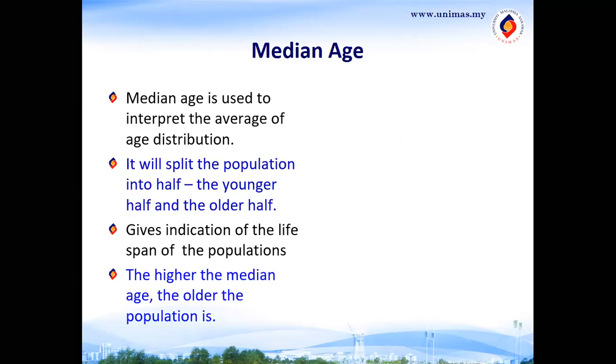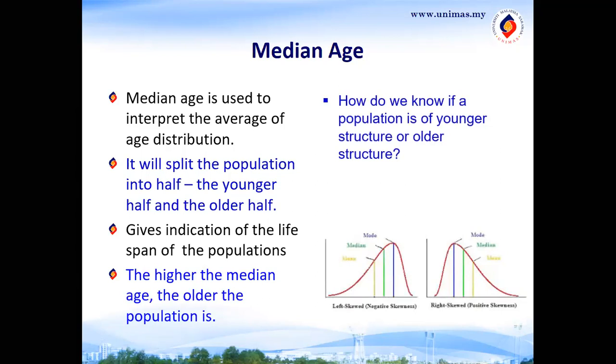Okay. Let me show you with this. Jadi, let's look at the graph down here. This is a contoh distribution of population. Now, kalau mediannya adalah towards the lower end, to the younger age group, maknanya that there are more young people than there are old people, in other words.